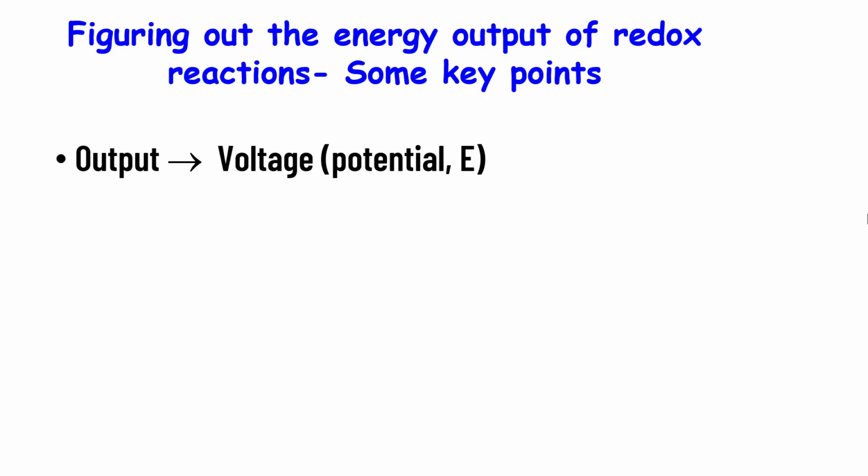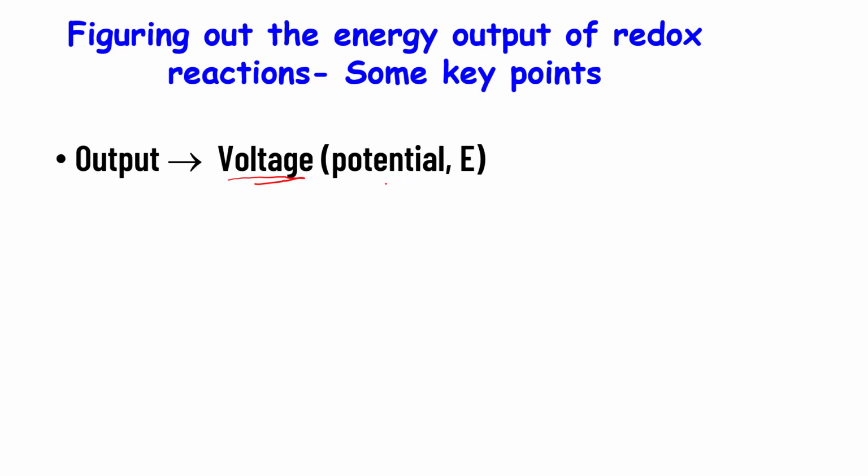So when we say that we're going to measure the output of these redox reactions, we are referring to the fact that we're going to measure the output in terms of voltages. That means the quantities are going to have voltage as the units.